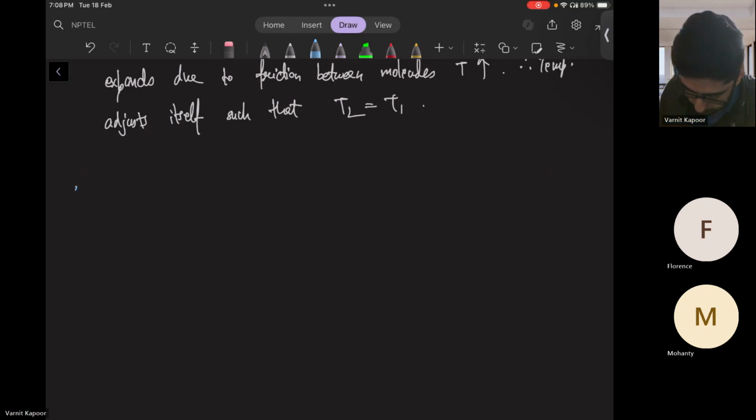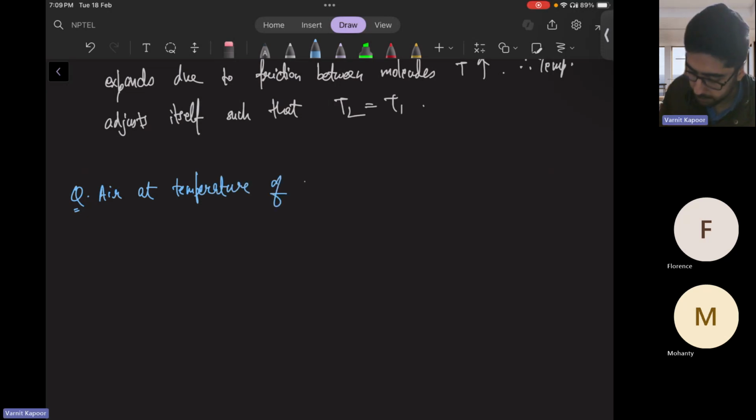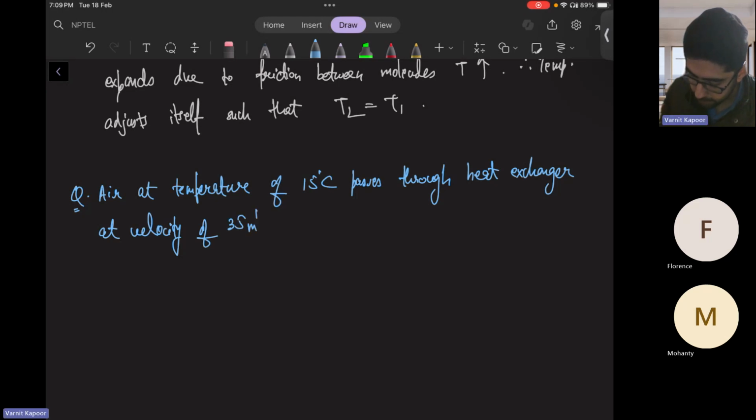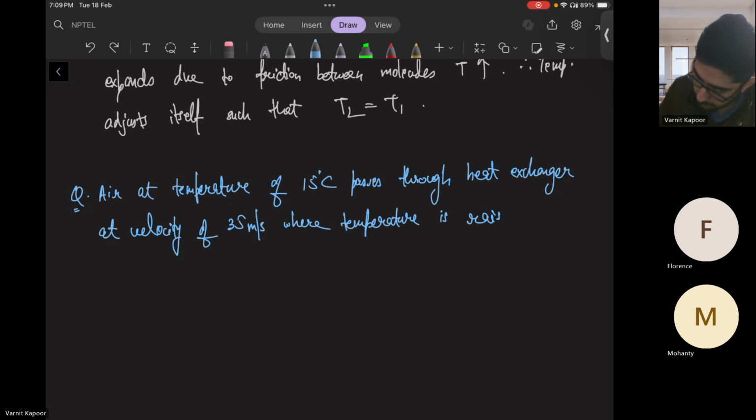So the question states that air at a temperature of 15 degrees Celsius passes through a heat exchanger at a velocity of 35 meters per second, where temperature is raised to 850 degrees Celsius.